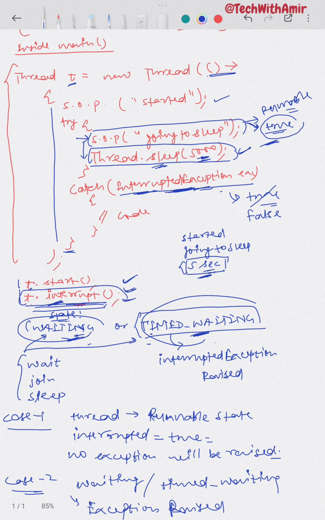So you might have seen in your Java projects that a line like this is written, Thread dot, this line must have been written over there, because at the time of raising this exception the interrupted flag is cleared, means it is reset to its default value, which is false, right.